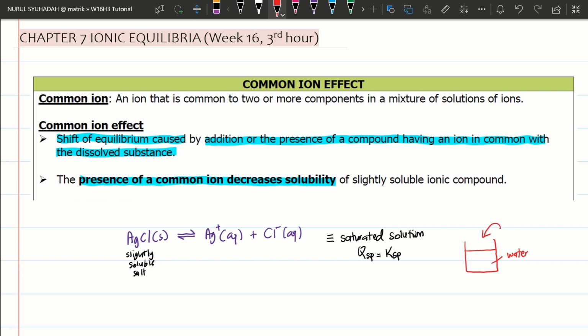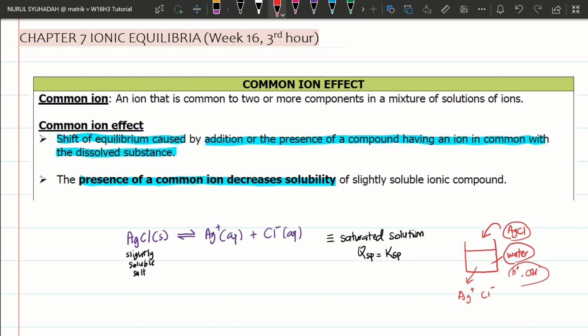Dan dekat water ni kita akan masukkan kita punya garam, slightly soluble salt. So bila AgCl dissolve dalam water, yang ada dekat dalam ni Ag+, Cl-, water, kita adalah H+ dengan OH-, slightly dissociate disebabkan oleh auto ionization of water. Okay, so nilai dia akan jadi sikit je lah sebenarnya.